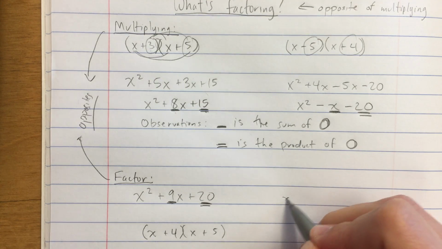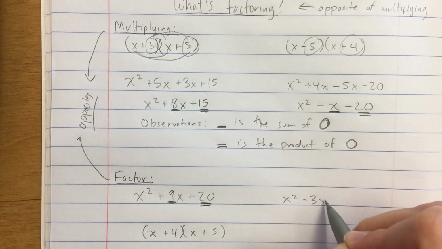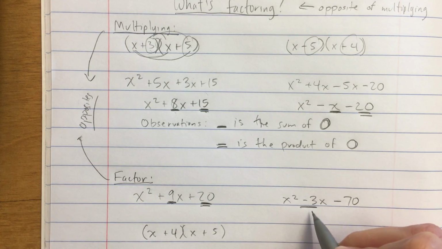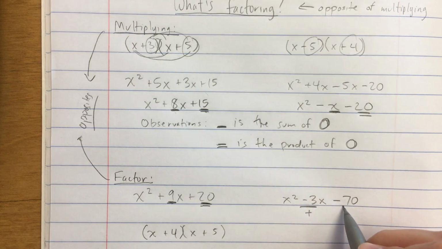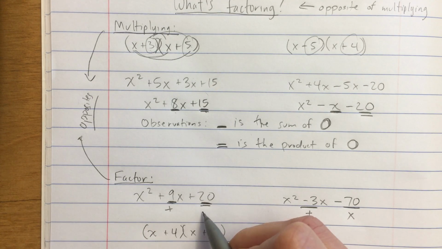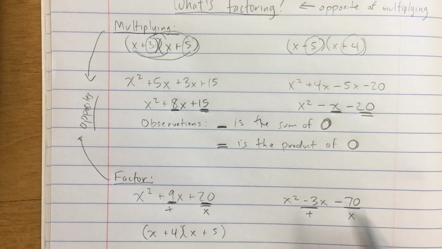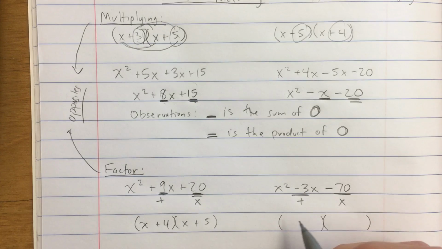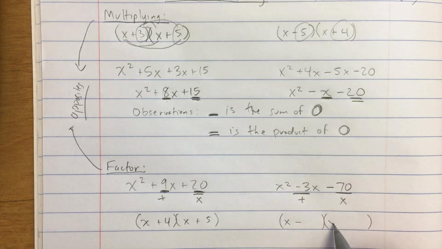Or what about, it gets a little bit trickier if I have some negative signs in the mix. So now I need two numbers that add to negative 3 and multiply to negative 70. Here they had to add to 9 and multiply to 20. This time I for sure know I need one negative and one positive.